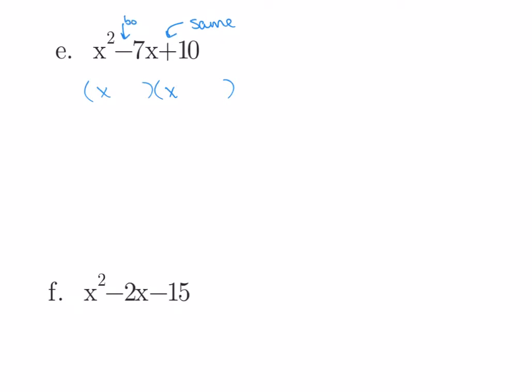And both are negative. So we get minus minus. All right, now what multiplies to 10? We have 1 and 10, 2 and 5. Since they are same signs, remember that things with same signs, we add to 7. So I want to go with 2 and 5.